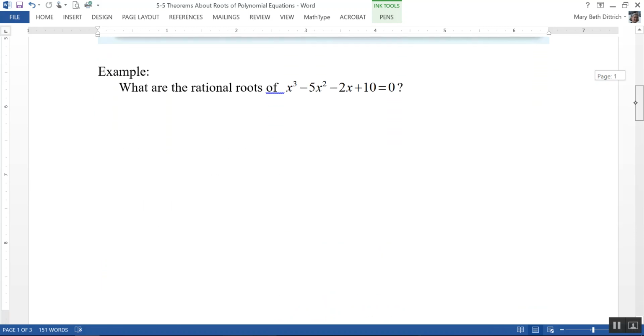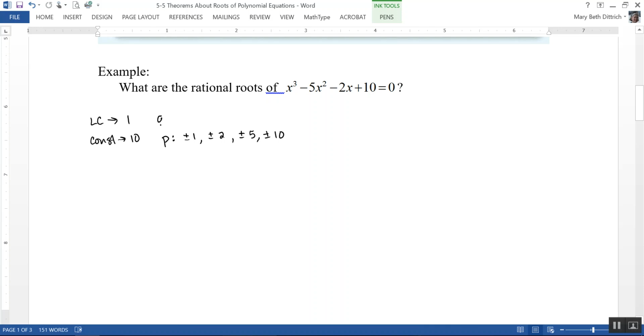So this says, what are the rational roots of x to the third minus 5x squared minus 2x plus 10 equals 0? My leading coefficient is 1, and my constant term is 10. So all of my possible p values would be all of the factors of 10. So that would be plus or minus 1, plus or minus 2, plus or minus 5, and plus or minus 10.